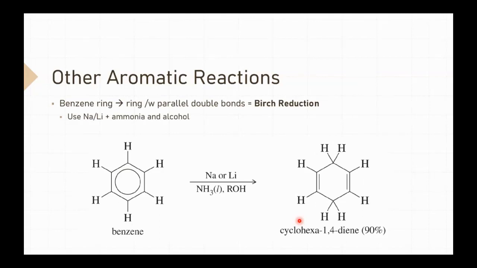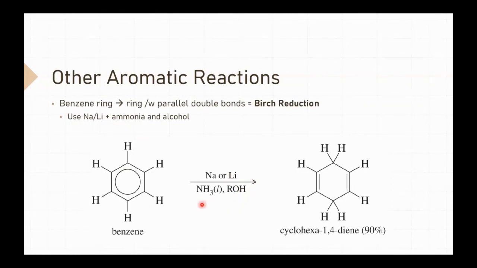Now what if we want to keep double bonds, but we want them non-conjugated, not next to each other? Now what you need is liquid ammonia, an alcohol, and a metal, like Na or Li.